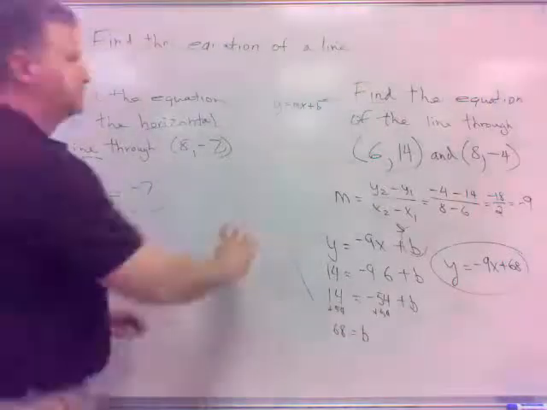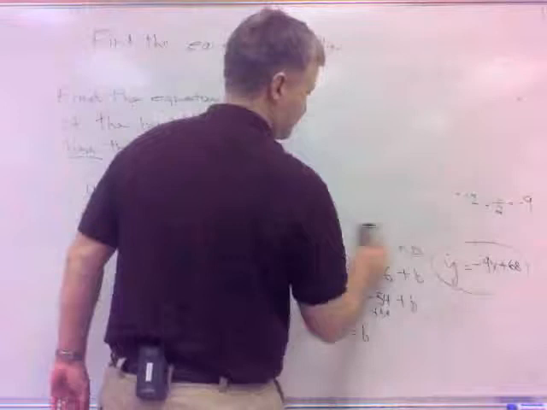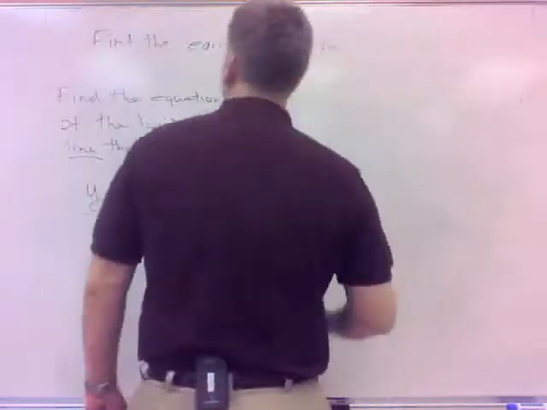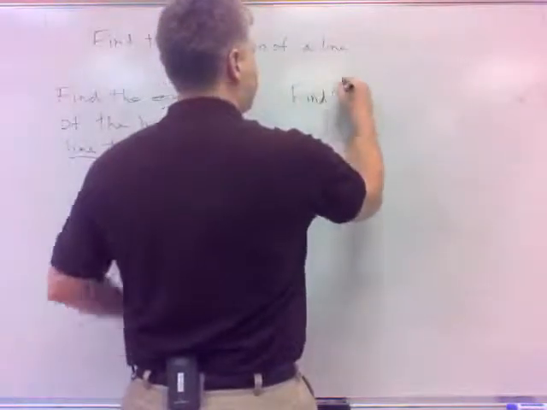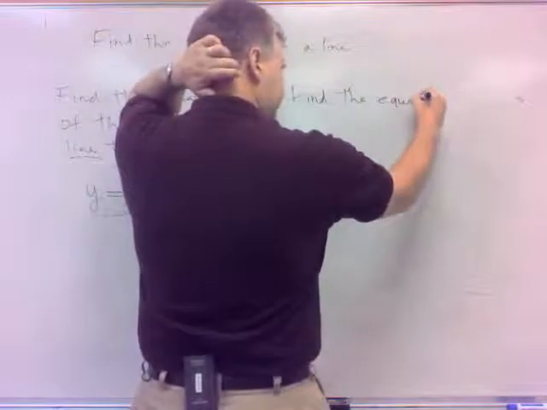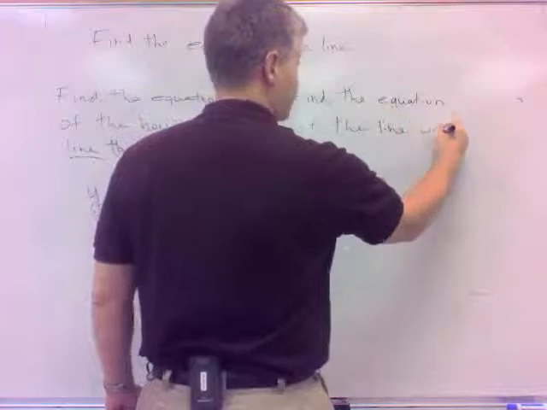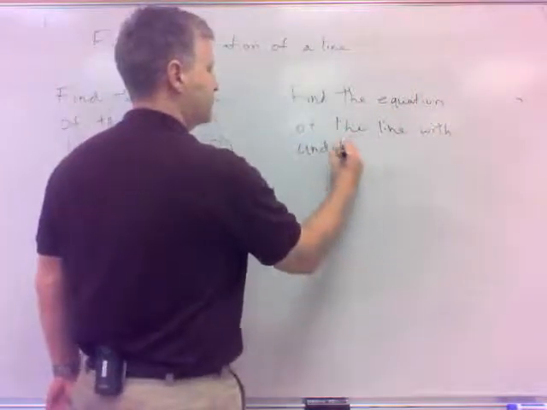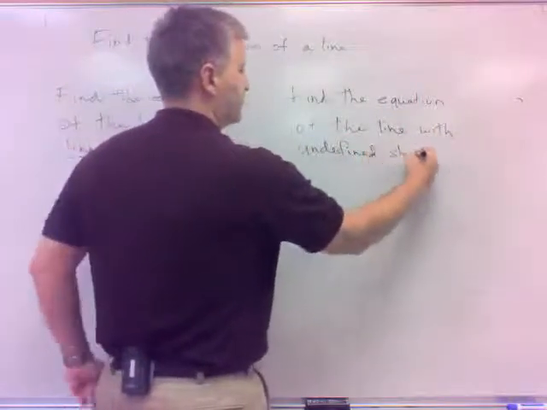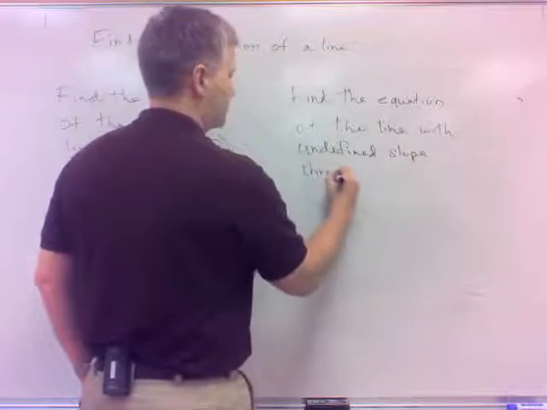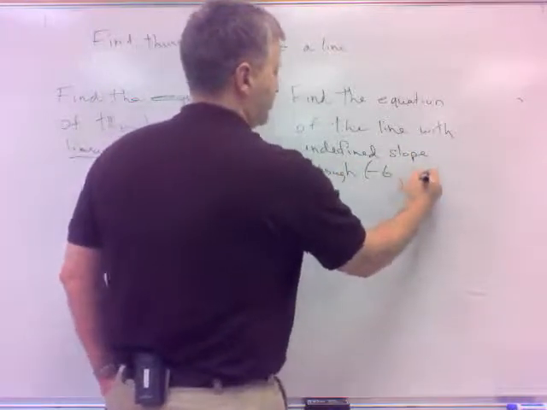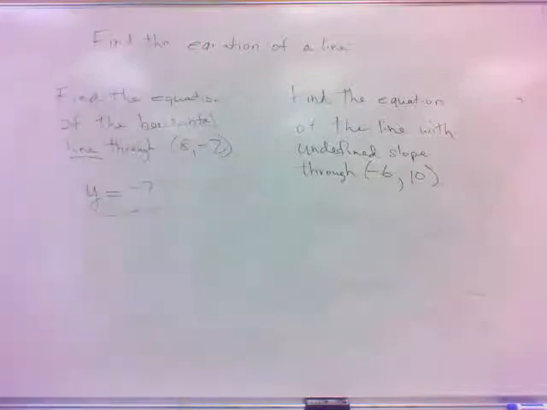And then the other twist on that is if it gives the slope: find the equation of the line with undefined slope that goes through (negative 6, 10). Again, an easy little problem if you know what it's asking for.